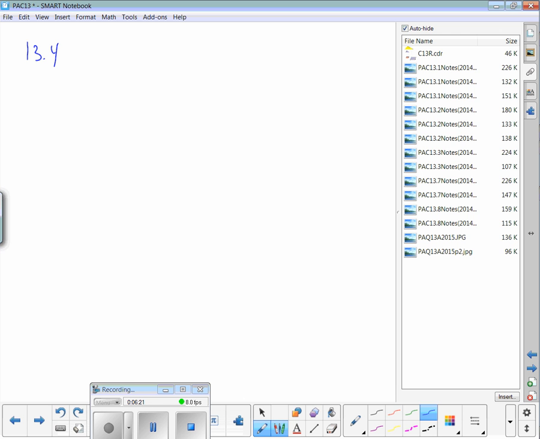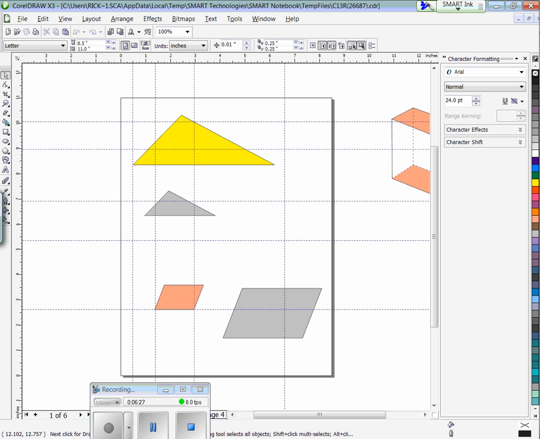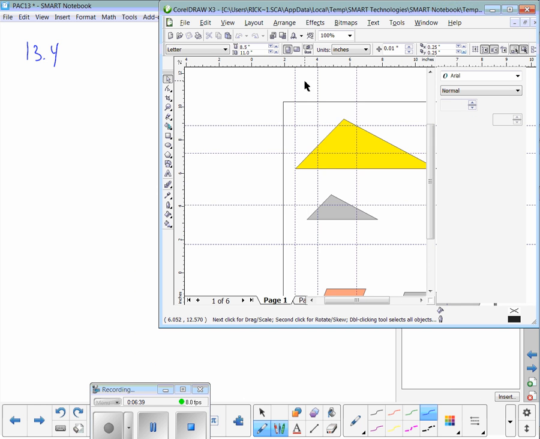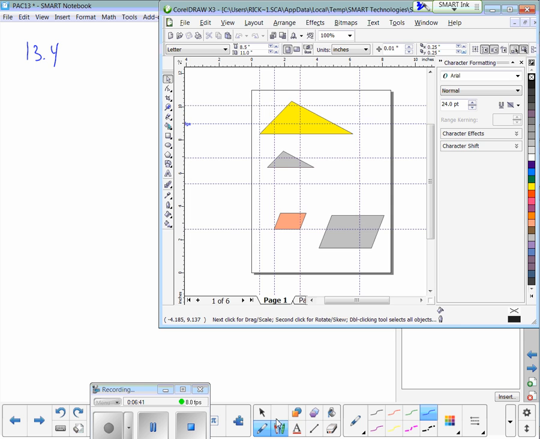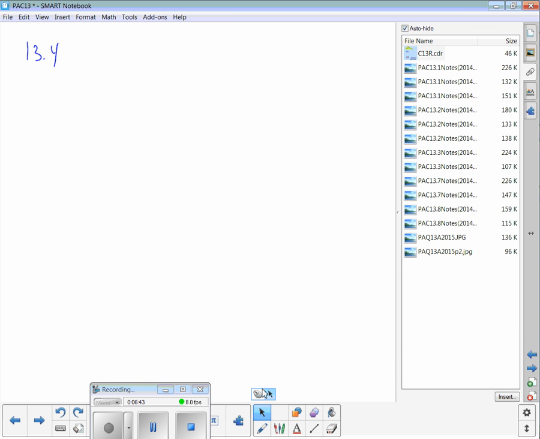I'm actually going to change programs here because I can work a whole lot better in this program if Smart Ink doesn't mess me up. Smart Ink's going to be a smart aleck.